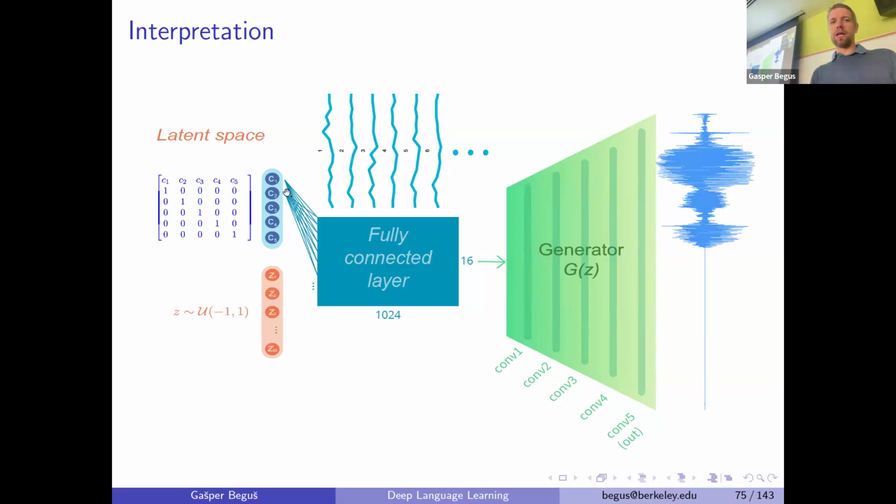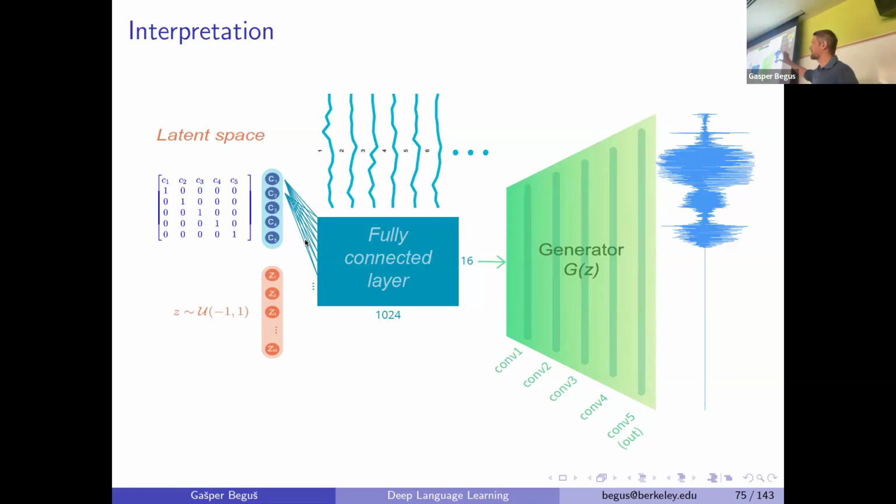You can see here, each of the 100 latent variables has a weight to each of the 16 points, and altogether there are 1024 of such time series, and those weights are learned, plus there's a bias, of course, during training.